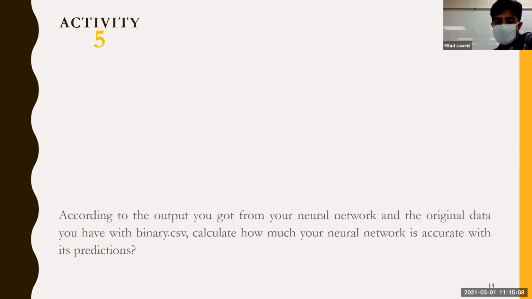So activity 5. According to the output you got from your neural network and the original data you have with binary.csv, calculate how accurate your neural network is with its prediction. My friends, you need to do these two things. Let's do it first, check it together. First, you need to convert the neural network outputs into final format.